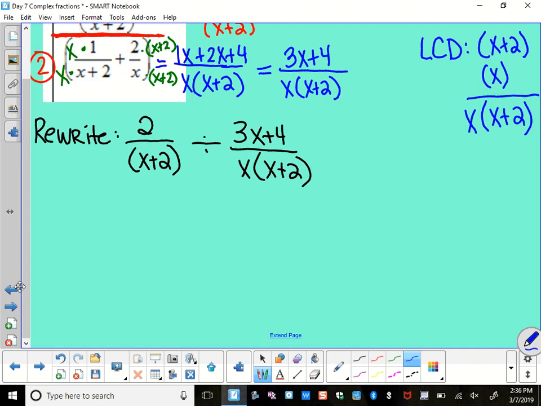All I did so far was rewrite it after I simplified my top and my bottom fraction. Now to solve it, I need to keep, change, flip.